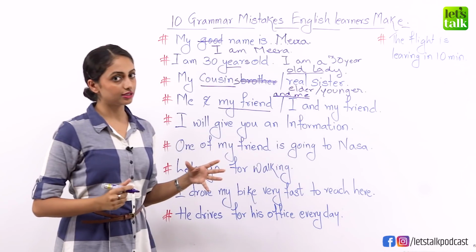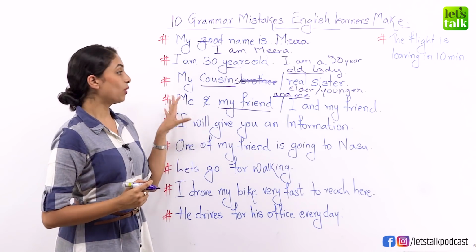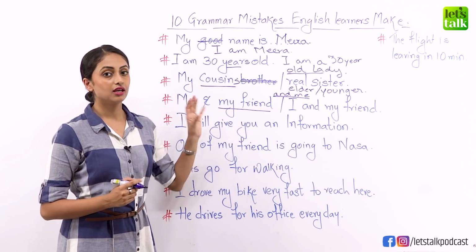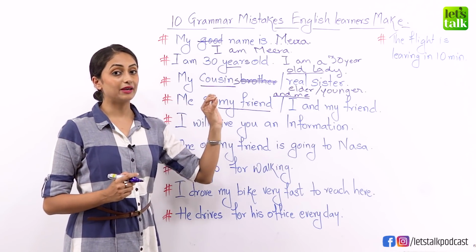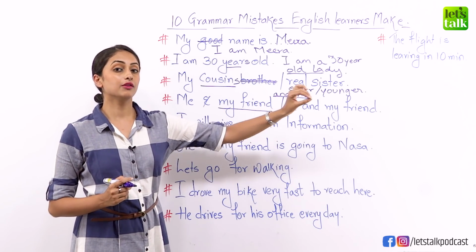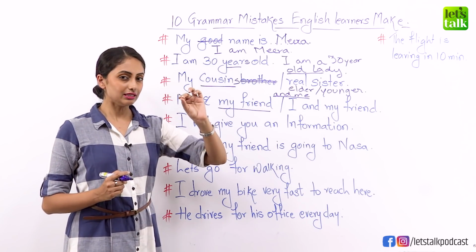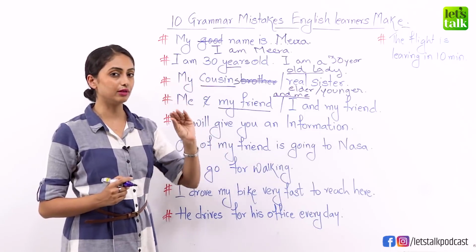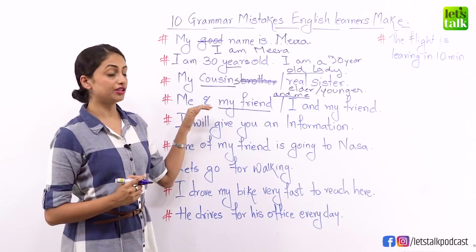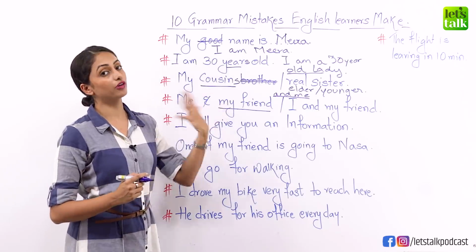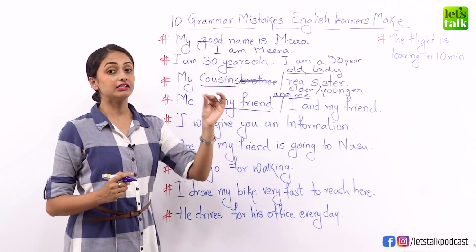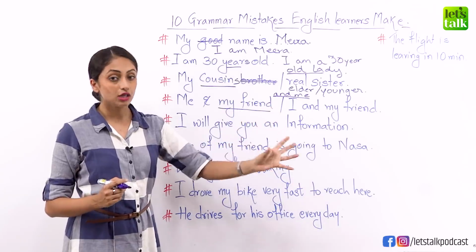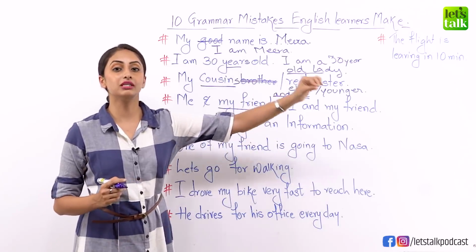And the real grammatical reason for this is that whenever you have a sentence such as the teacher gave my friend and me the homework, the sentence has to be complete without any disturbances. For example, the teacher gave the homework, well, let's change the sentence. The teacher gave the homework to my friend and me.